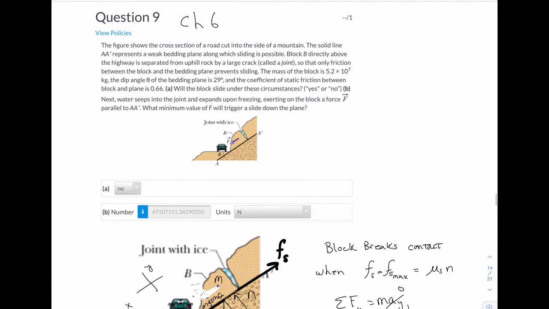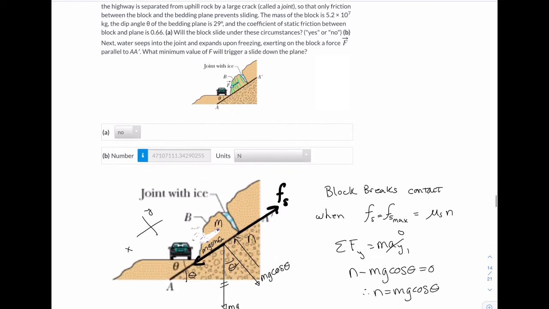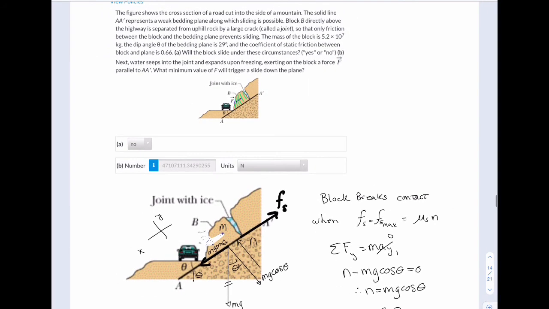Okay, so this picture here, you have a rock, a big chunk of rock. In part A, I just made it bigger over here. In part A, that force that's drawn up there, that purple force F, that's not in the problem until part B. So here what they're saying is that for part A, there's a separation here.